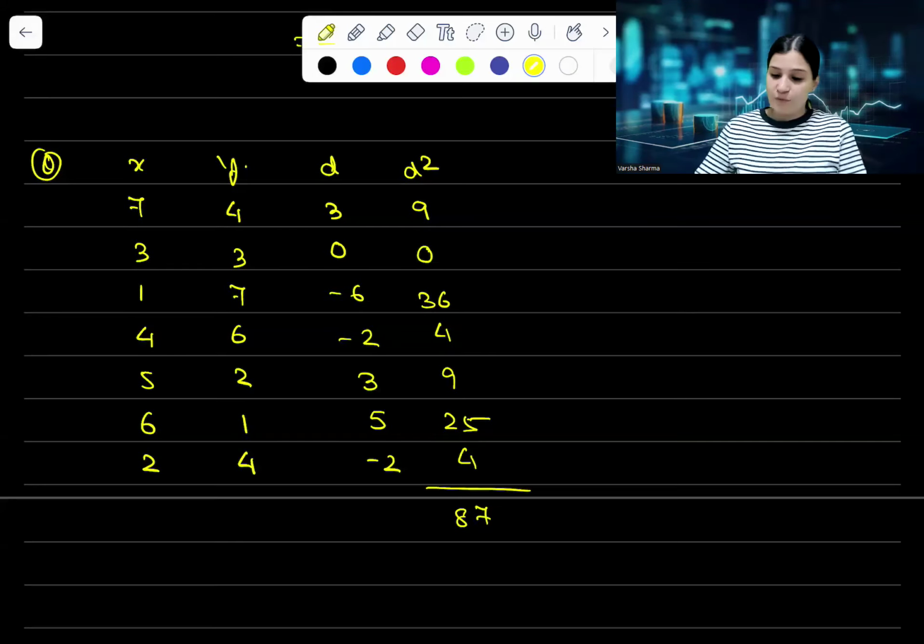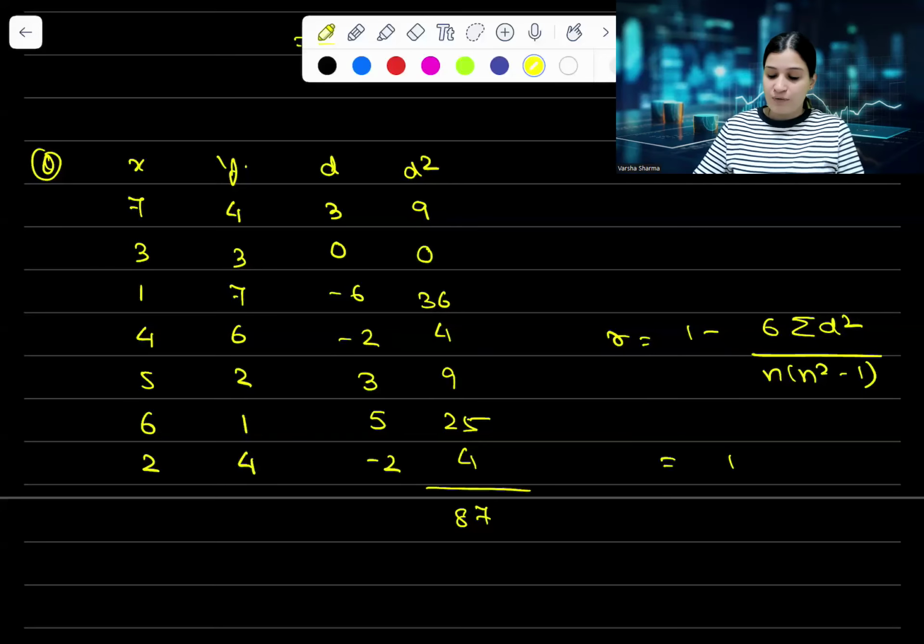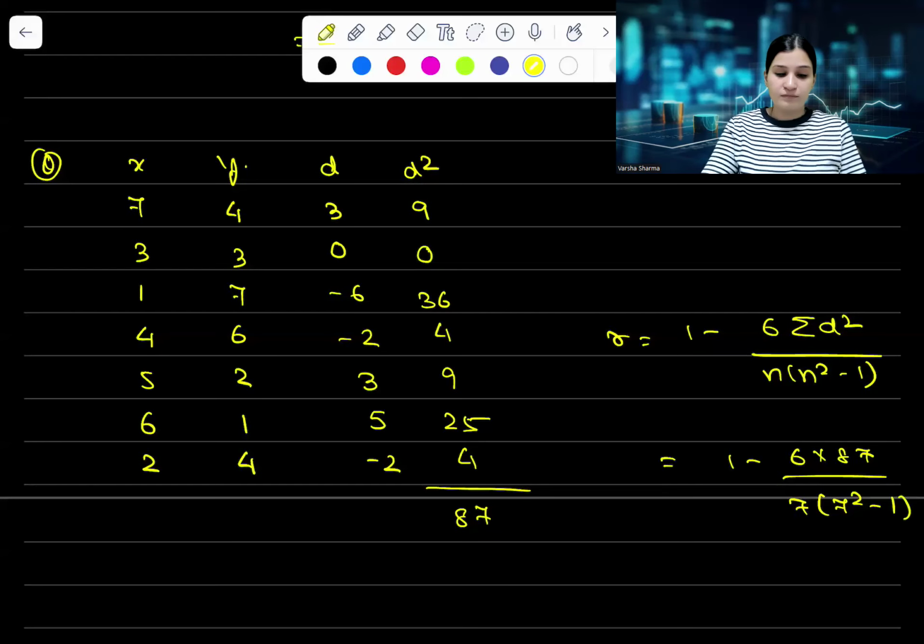We will use the same formula: 1 minus 6 summation d square over n into n square minus 1. 1 minus 6 into 87, over 7 into 7 square minus 1.